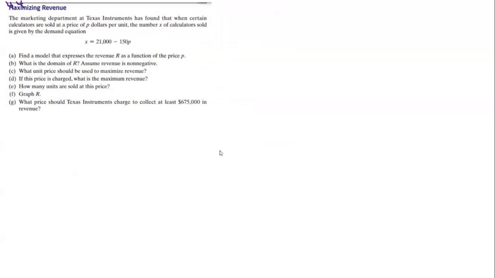It says find a model that expresses the revenue R as a function of the price P. So here's my A. I'm going to need the formula R is equal to X times P. I already know what X is, X is given by this. So we're just going to take this demand equation and multiply it by P.